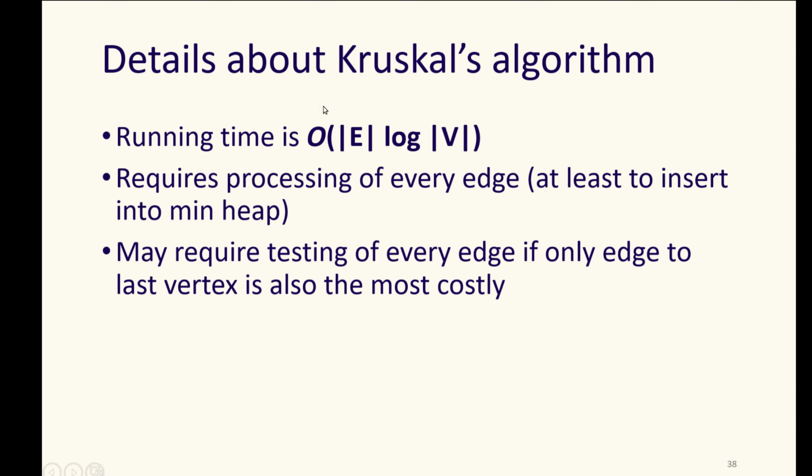So this E may be real. We may actually do log V type lookups for all E of the edges. That means that Kruskal's algorithm is best if the graph is sparse, if there are not many edges and things are not very interconnected in there. Then we can use this algorithm to process through the edges much more quickly and find our minimum spanning tree.